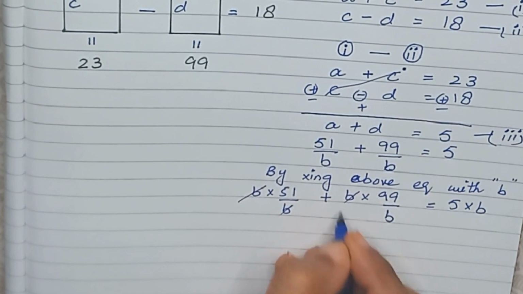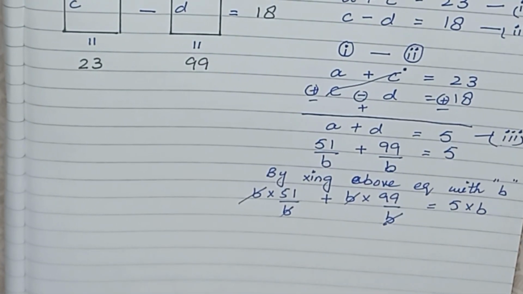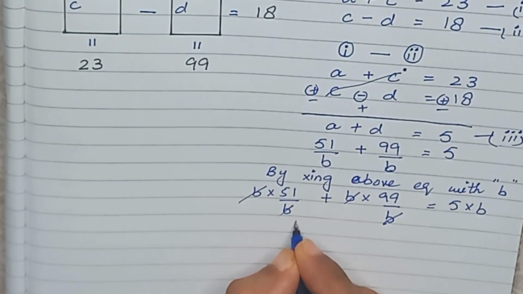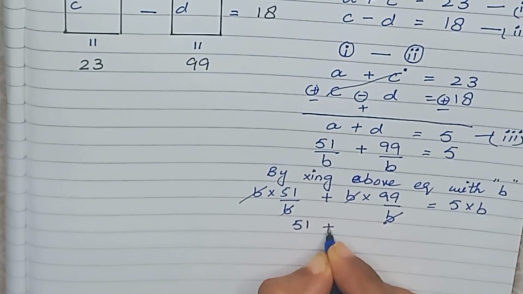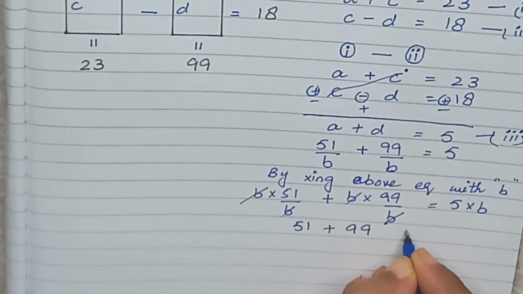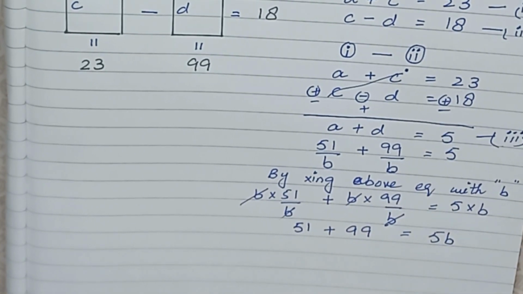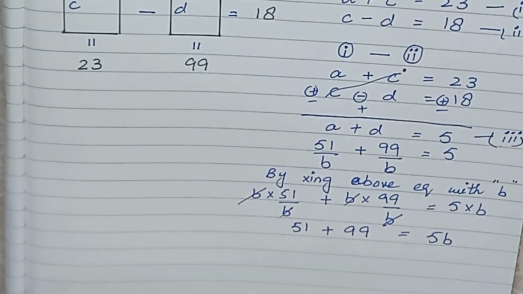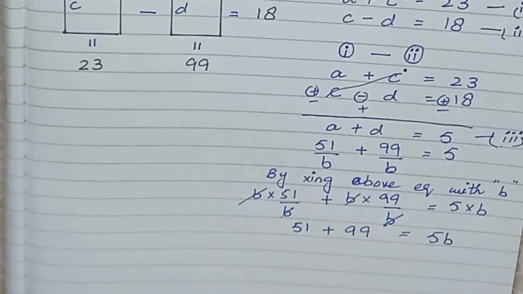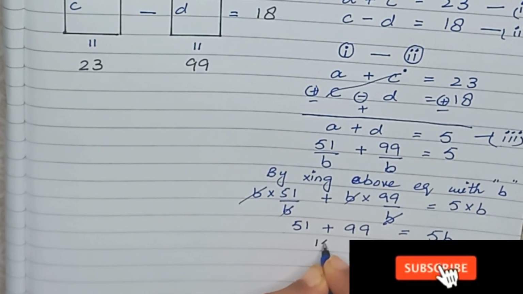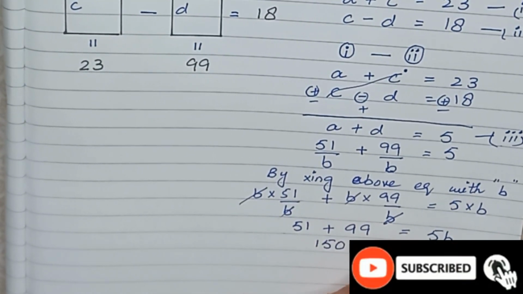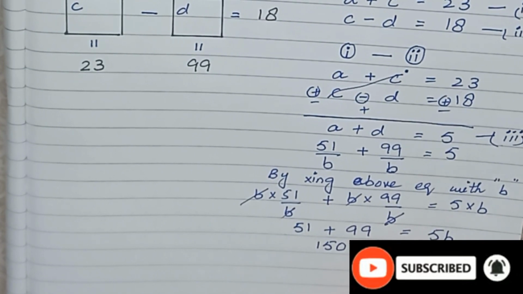So B and B will be cancelled out and we have remaining 51 plus 99, which is equal to 5B. Now 51 plus 99 is equal to 150, which is equal to 5B.